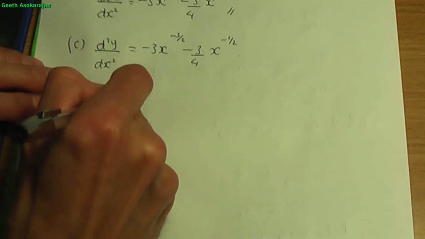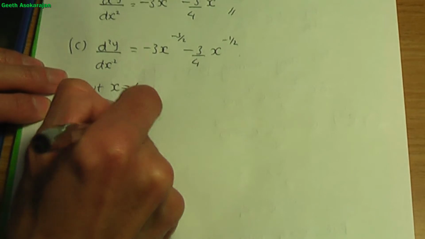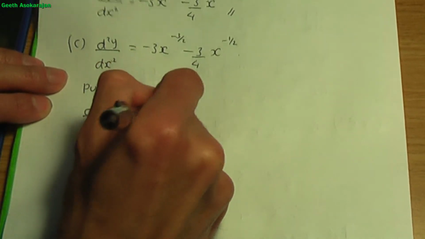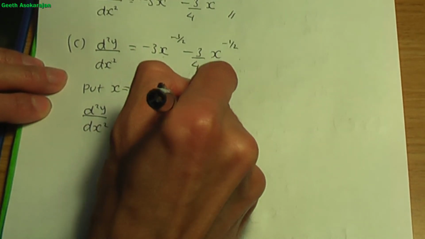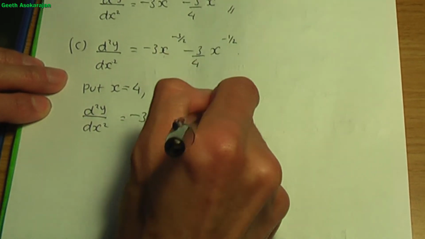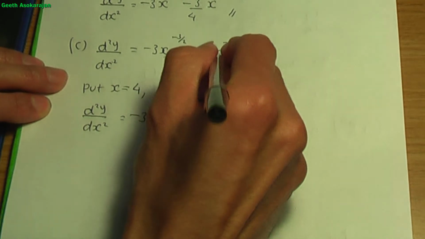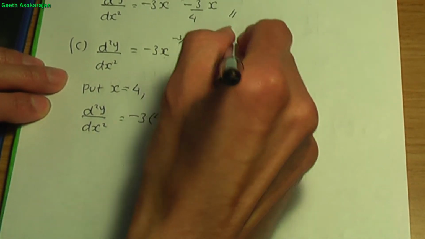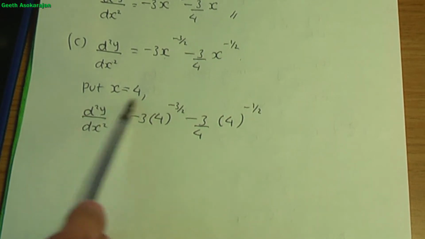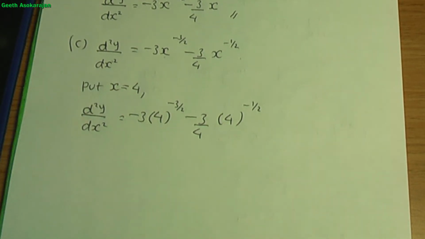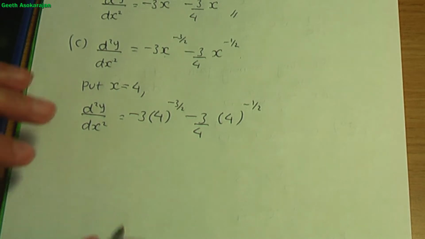When I do that, d2y over dx squared is going to be minus 3, x replaced by 4, so 4 to the minus 3 over 2, minus 3 over 4, x replaced by 4 to the power minus half. So the first step is to put the x coordinate of the turning point into the second derivative.